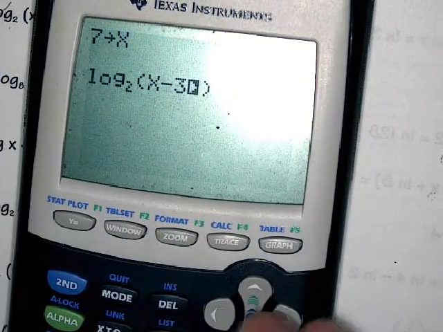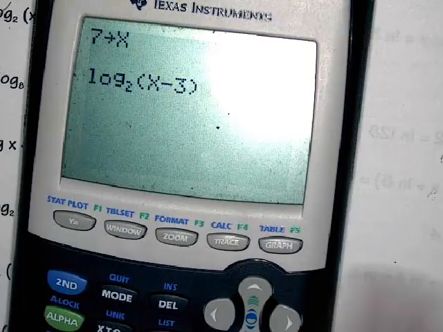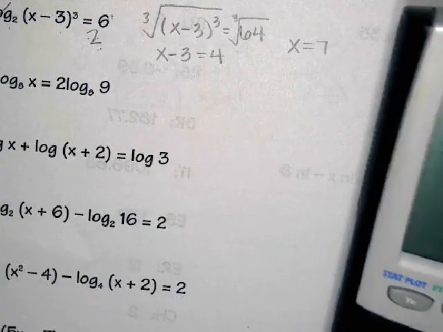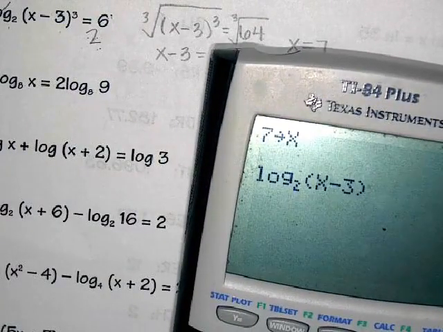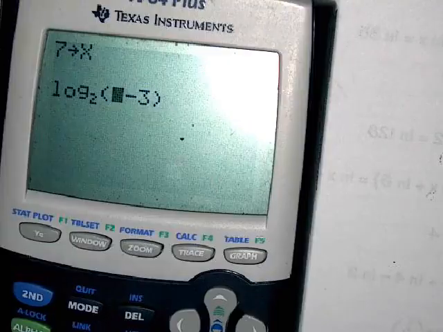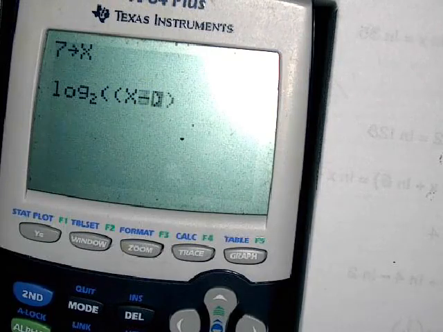Oh, you know what, here's how we have to type this one in to make sure we're not doing the whole thing to the third. I think we might need an extra set of parentheses to the third.